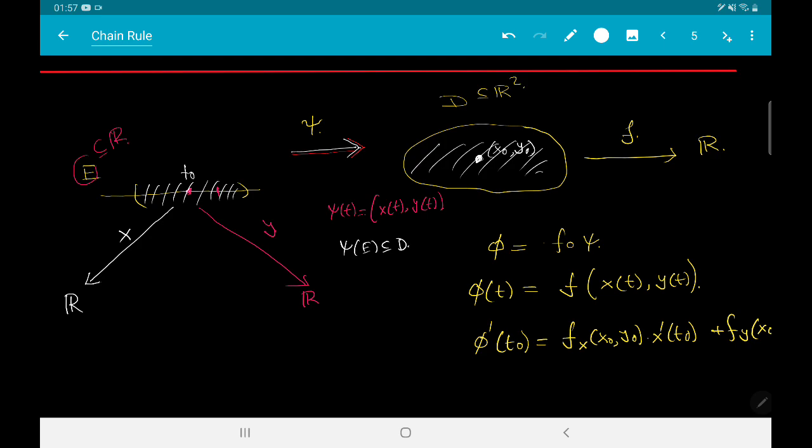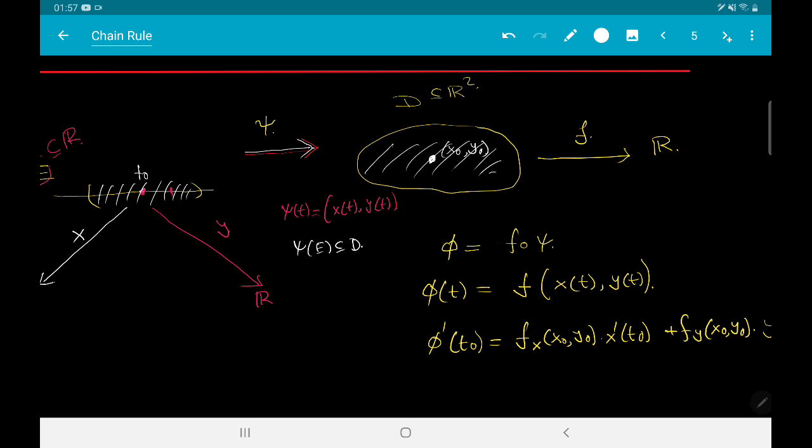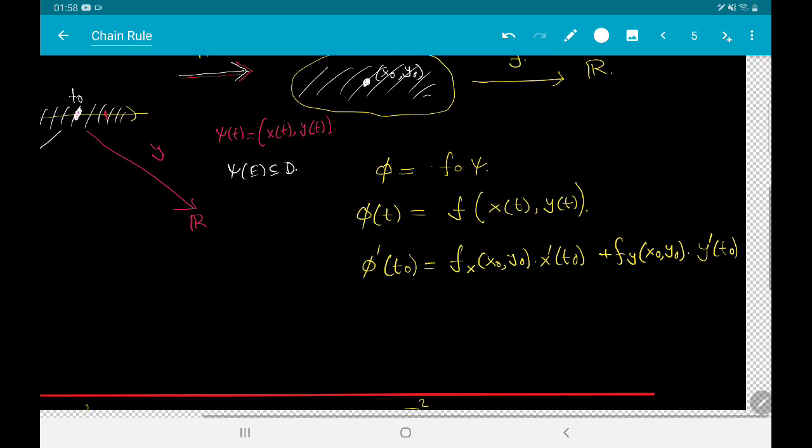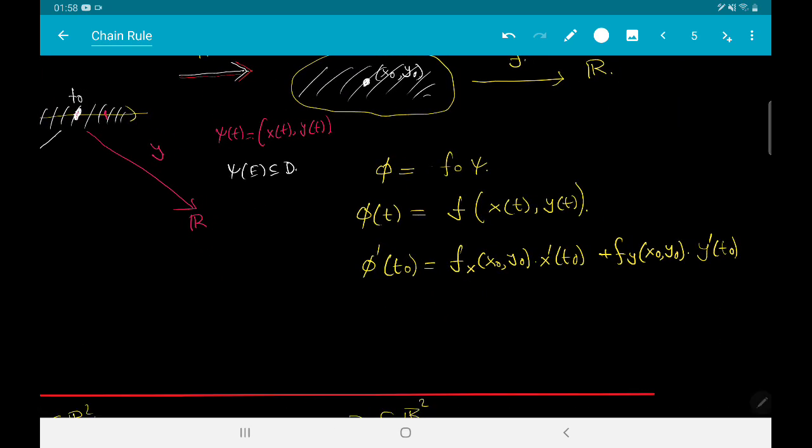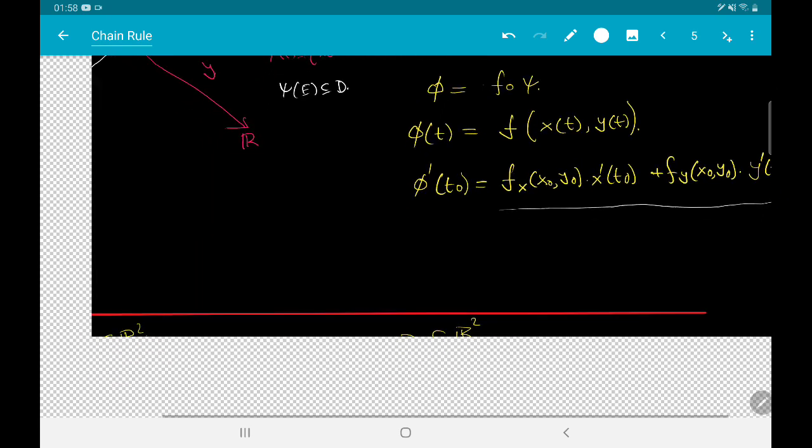Note that t₀ gets mapped to x₀, y₀ here. Then our conclusion from the chain rule is that the composition of these two maps is differentiable at the point t₀, and the derivative of this real valued function, which is the composition of these two maps, can be computed in this manner.